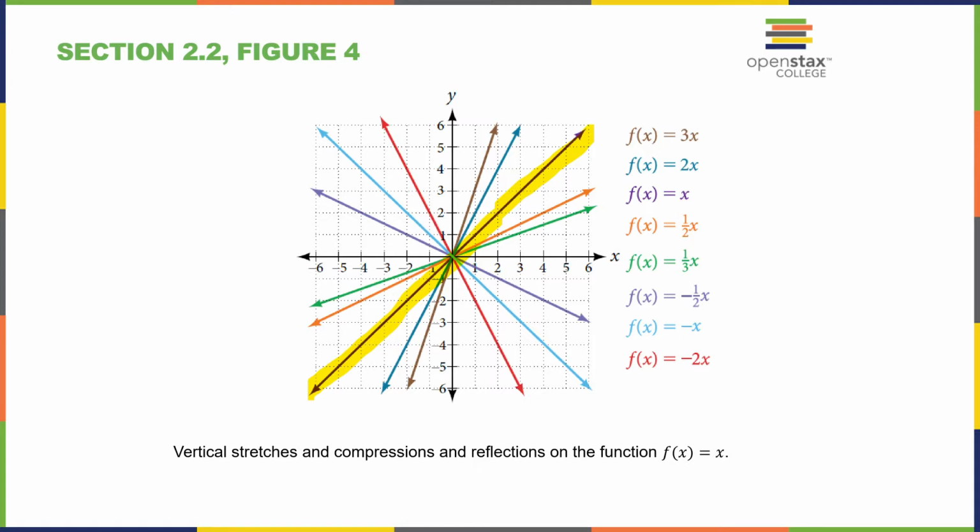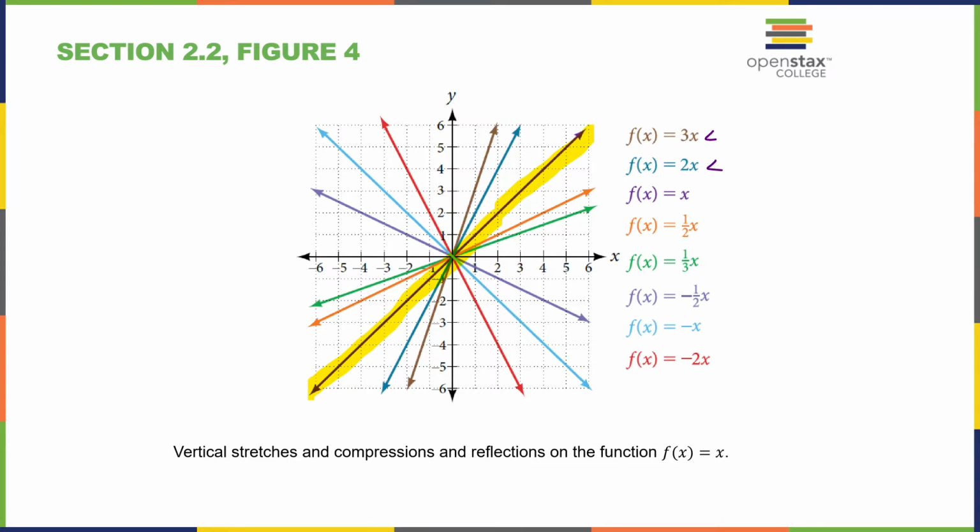Now, if you were to multiply that by a number greater than 1, for example, 2 times x or 3 times x, you're going to notice that those graphs are going to get steeper. So the higher the slope, the steeper the line. And so this is considered a vertical stretch.